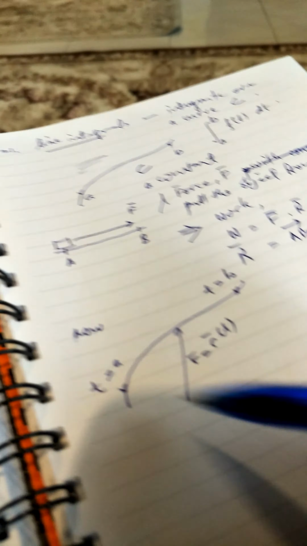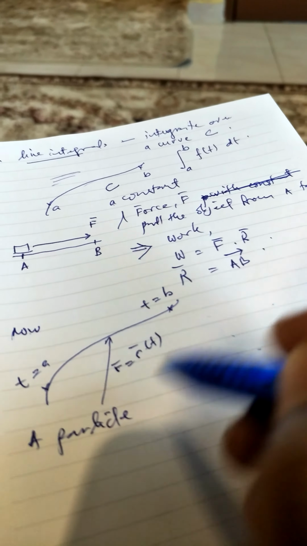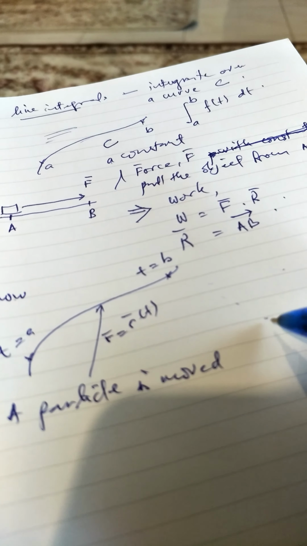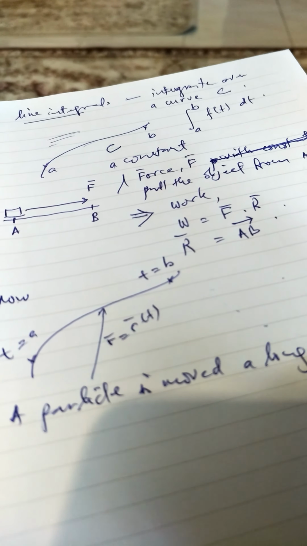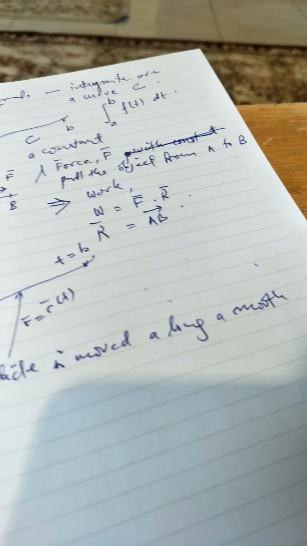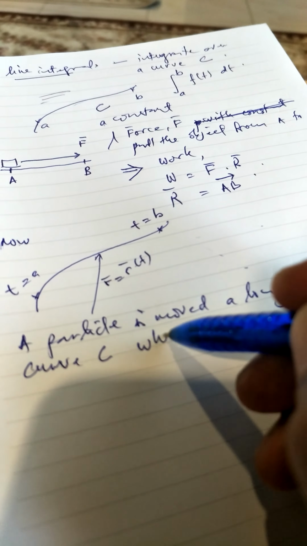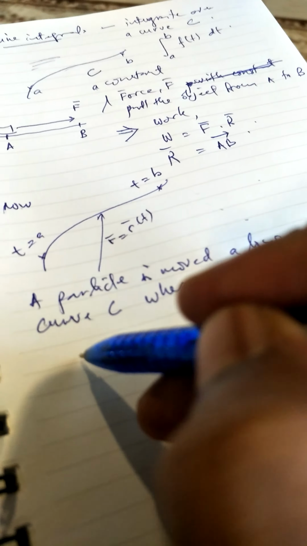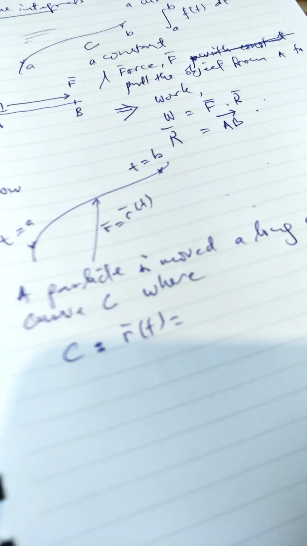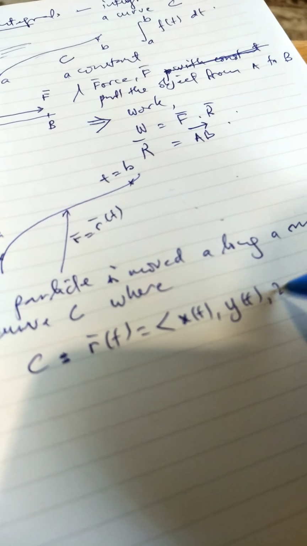Okay, so we assume that a particle is moved along a smooth curve C, where C is described as a position vector R(t) with components x(t), y(t), z(t).